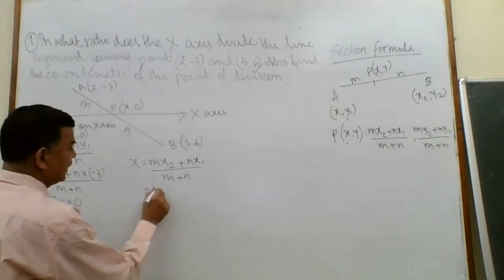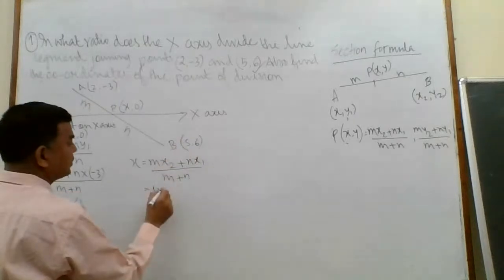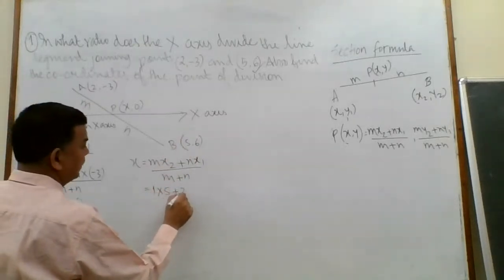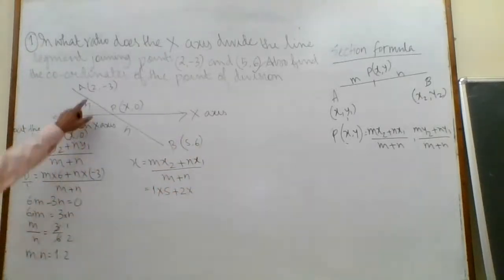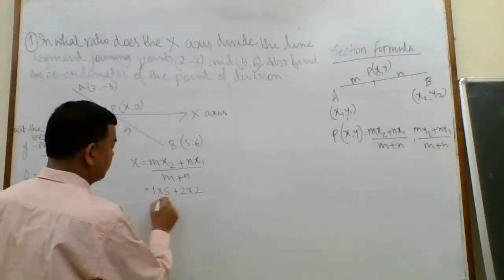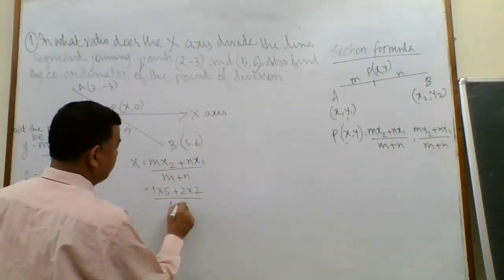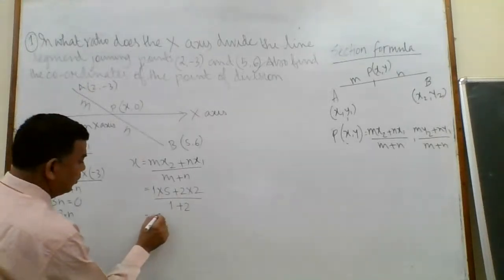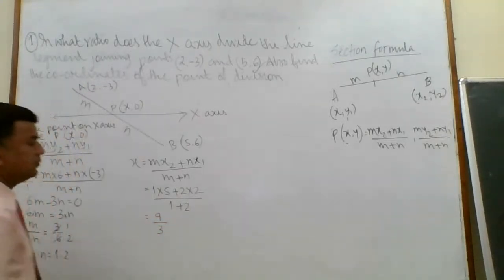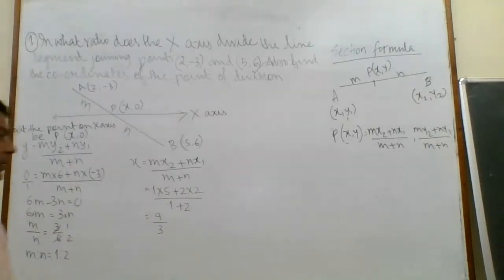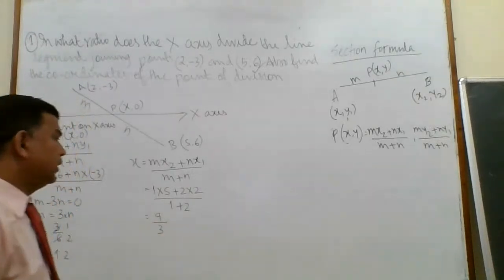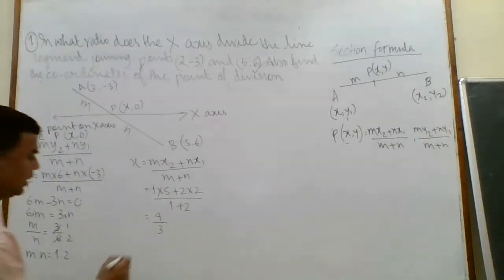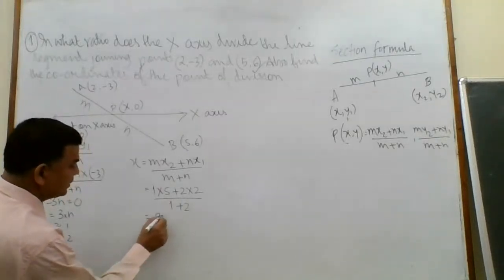For m, it is 1 into x2, which is 5. n is 2 into x1, which is 2, divided by m plus n, that is 1 plus 2. If you look at the numerator, 1 into 5 is 5, 2 into 2 is 4. Added, it is 9. And what is 9 by 3? It is 3.